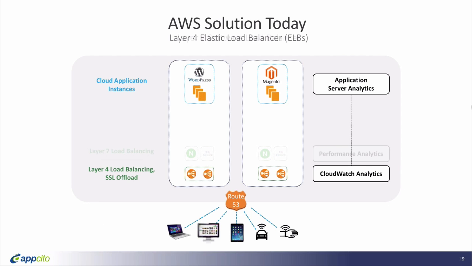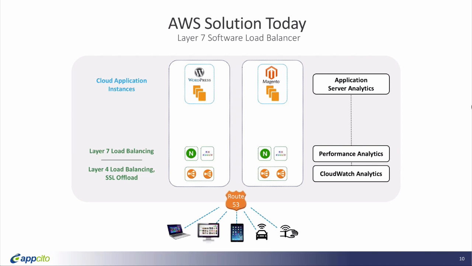As applications have evolved, there's been a requirement to introduce more capabilities in addition to low-level load balancing and SSL offload. You've got a really good introduction of open source software and tools from NGINX and HAProxy that have been in the marketplace for a while, and they've done a really good job of providing layer 7 functionality.